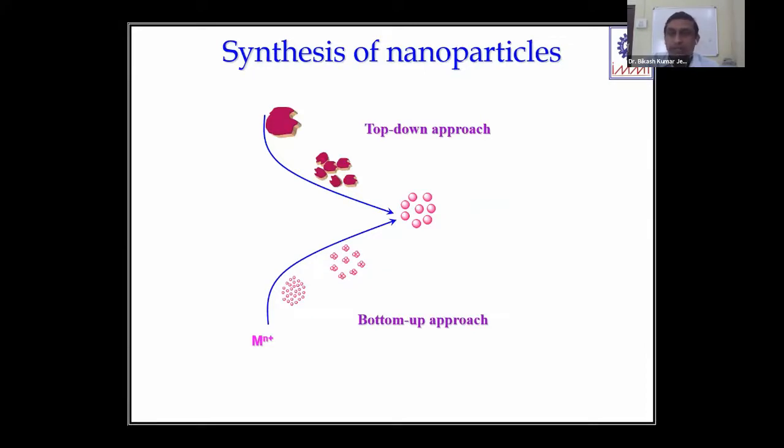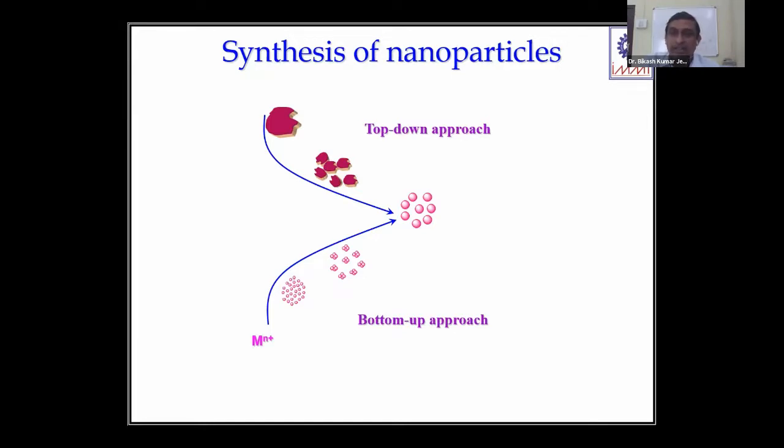In the top-down approach, you take a bigger particle and break it down, by ball milling or any kind of mechanical force, to a small nanomaterial size. Or with the bottom-up approach, you can construct: you take molecules or metal ions and do a controlled reduction. The reduction generates metal atoms or any kind of atom.